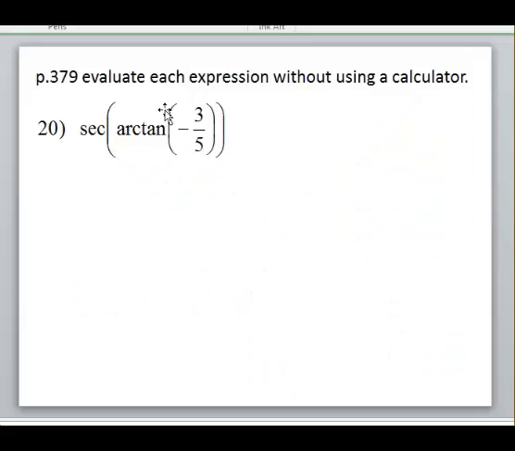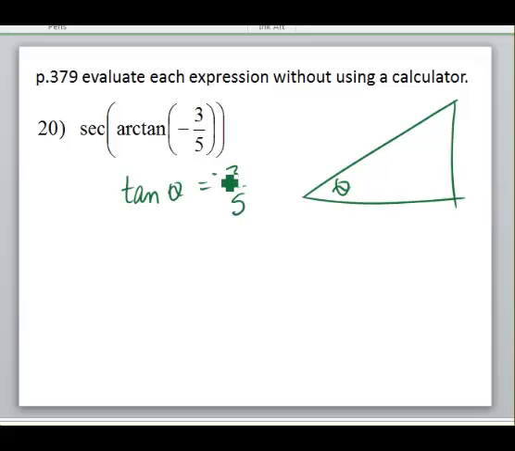Another problem like that, this one says the arc tangent, so I'm really thinking about where is the tangent of theta equal to 3 over 5. So I'll make a right triangle again, or negative 3 over 5. I'll put opposite over adjacent, so I'll put a negative 3 here, I'll put a 5 here.